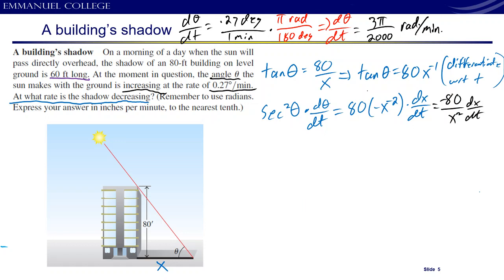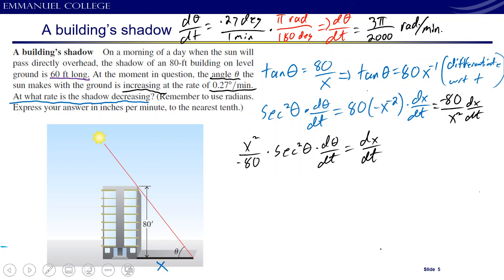So then I'm going to multiply both sides by x squared over negative 80. So this will give me x squared divided by negative 80 times secant squared theta times d theta dt, which equals dx dt. Cool. I know what x is at the given time. I know the rate of change of theta. That was the first thing that we actually identified. Actually, they were nice enough to give us that.